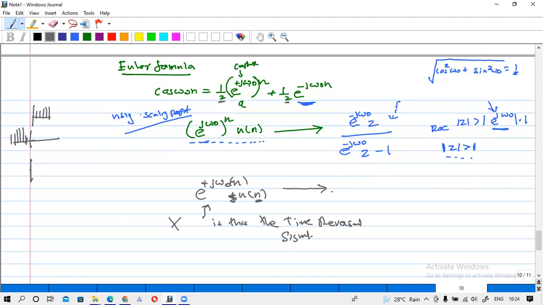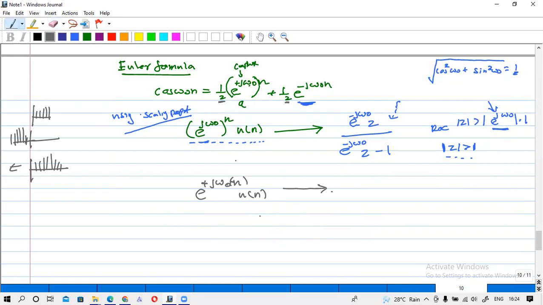So you will have the component in this range itself, not in that range. So this is not the time reverse signal. Although there is a minus, here n is not minus n, so this is not the time reverse signal. This knowledge is very important, and you will get this kind of question in your exam paper.